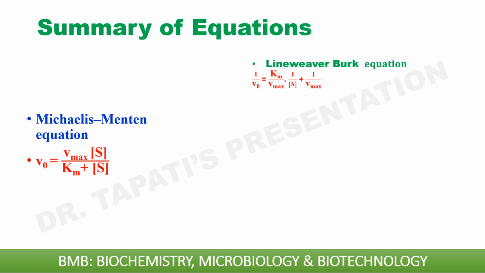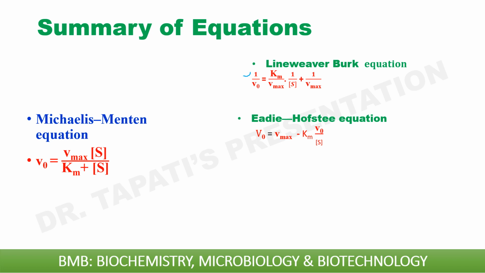And the second equation is the Lineweaver-Burk equation, which is 1 by V0 is equal to Km by Vmax into 1 by substrate concentration plus 1 by Vmax. We are getting this equation by taking the reciprocal of both sides. We are getting this Lineweaver-Burk equation or double reciprocal equation.